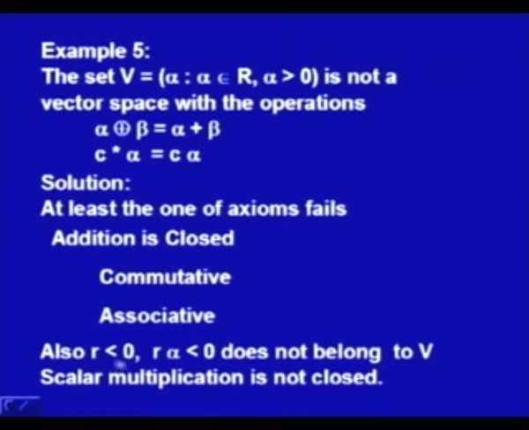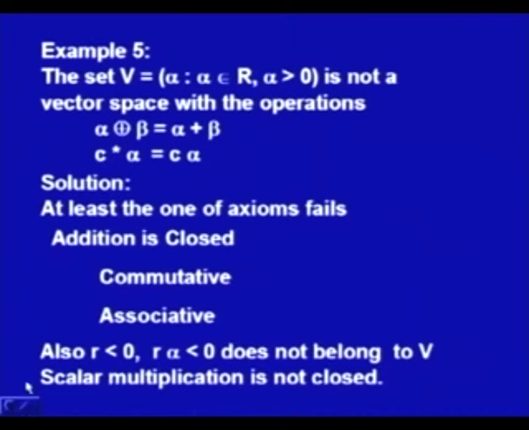So, if alpha is a vector, R is a negative scalar, then R into alpha by this definition is a negative number, and this negative number because of this property will not belong to V. So, we can say that this multiplication is not closed. So, when this one property fails here, it is not a vector space.